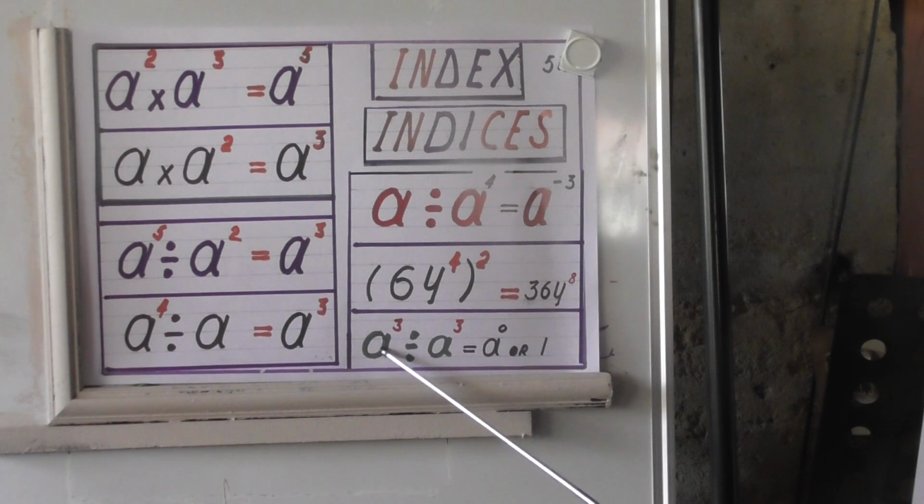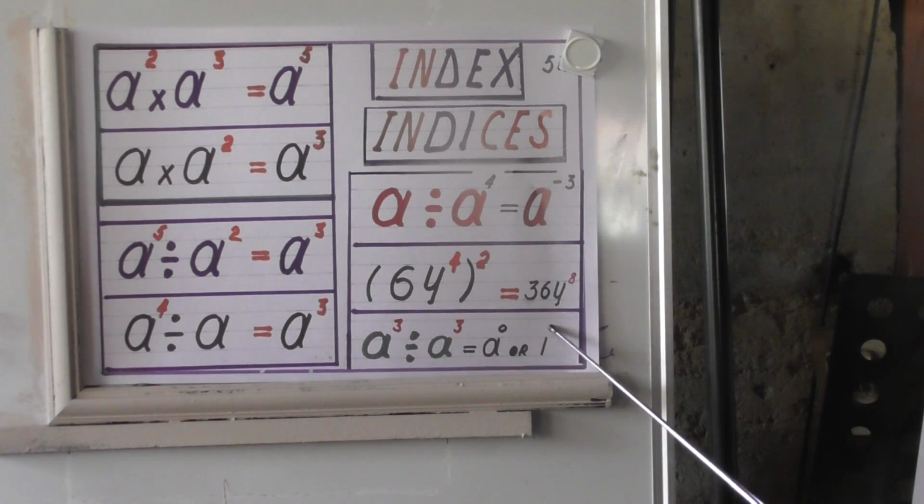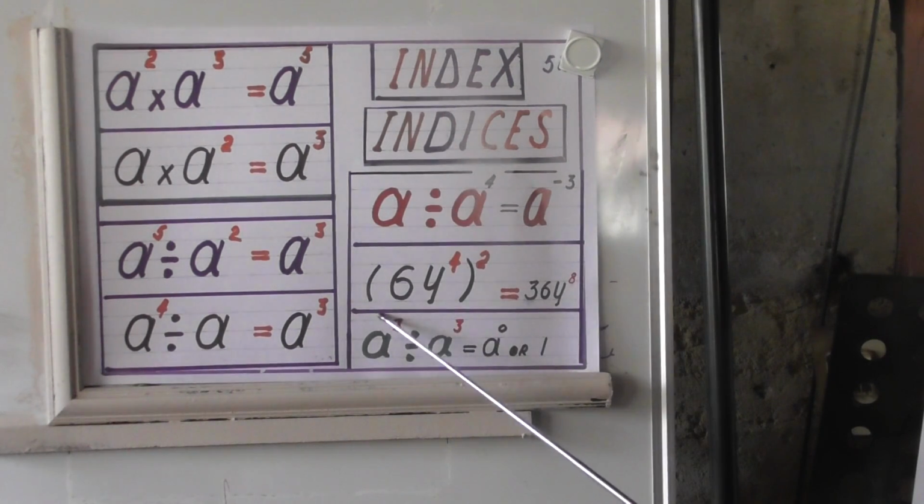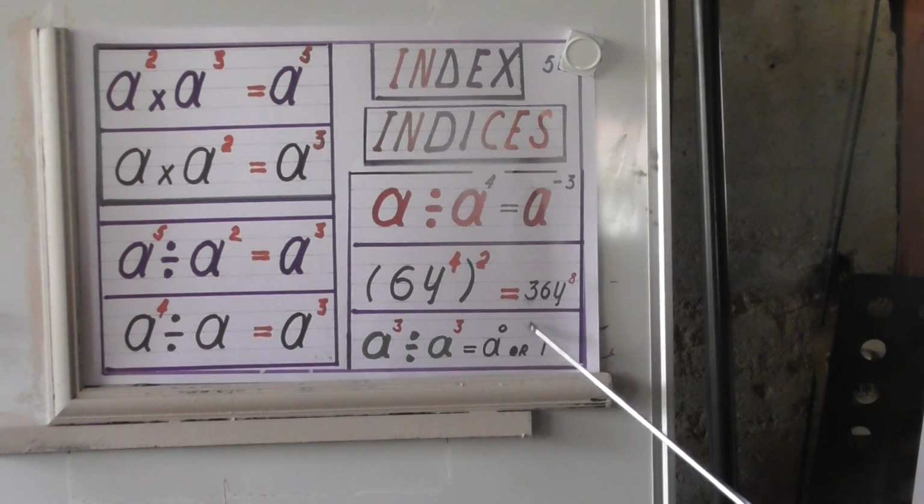But of course something divided by itself is also 1. So we have to learn that anything to the naught is 1. 3 negative 3 is naught, or something divided by itself is 1. So these two are the same. Anything to the naught is 1.